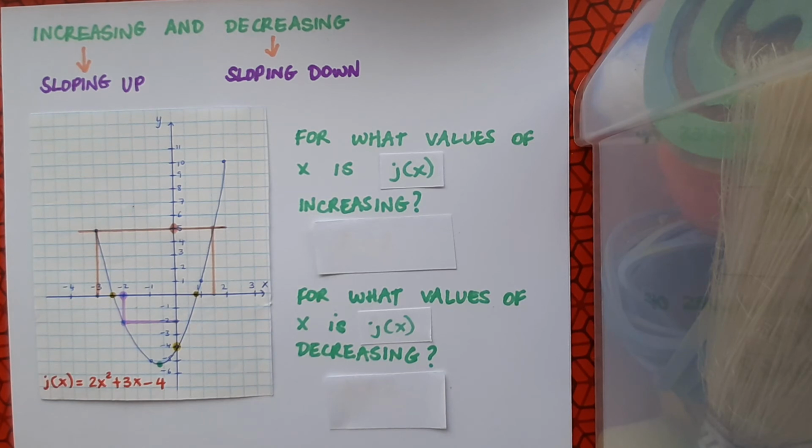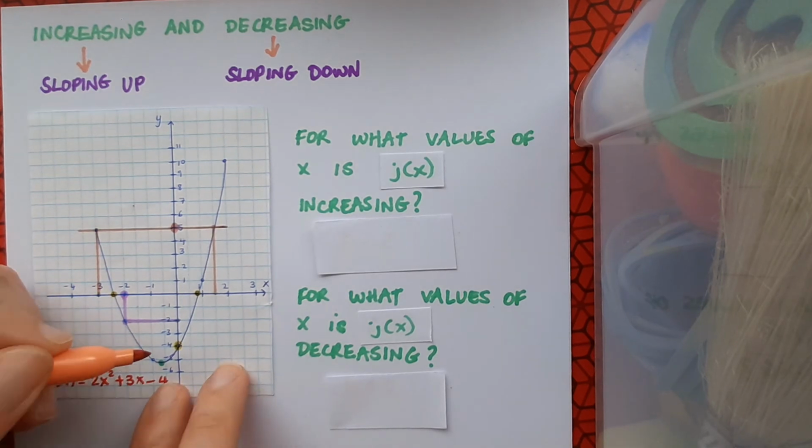So we should be getting the hang of this by now. I've got my function j of x. I want to see for what values of x it's increasing and for what values of x it's decreasing. Pause the video here yourself for a moment and decide what solutions you'll give for each of these. Okay, so I go to the turning point and I draw a line to the x-axis.